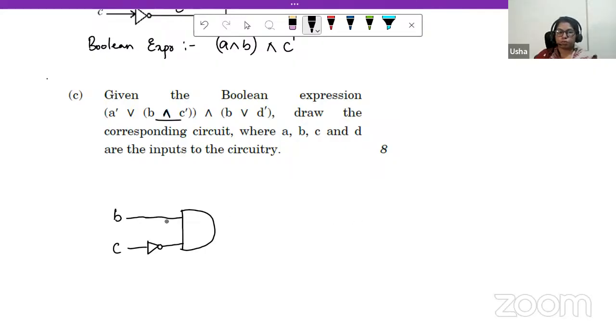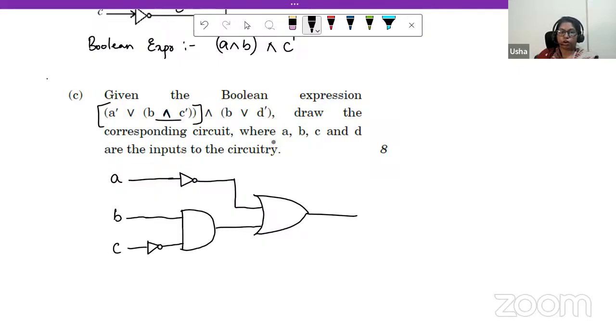So this is B, this is C'. B and C', this is the output. Now this goes as input for an OR gate for which A' also is there. So you write an OR gate. This is B and C', and then you have A that passes through a NOT gate. This is your output.